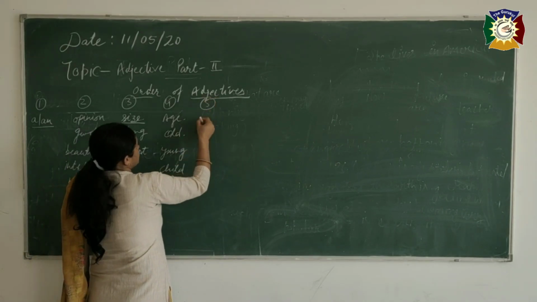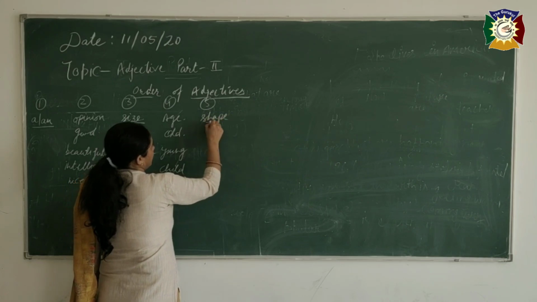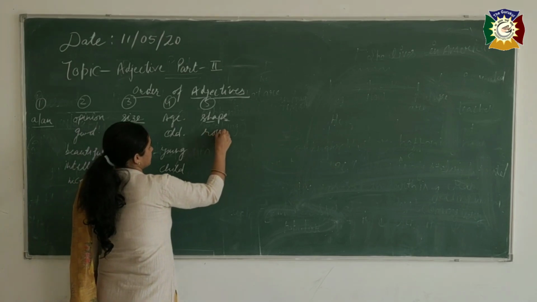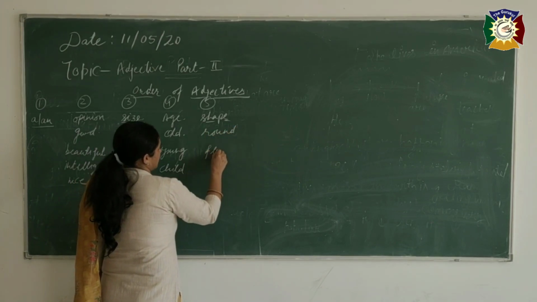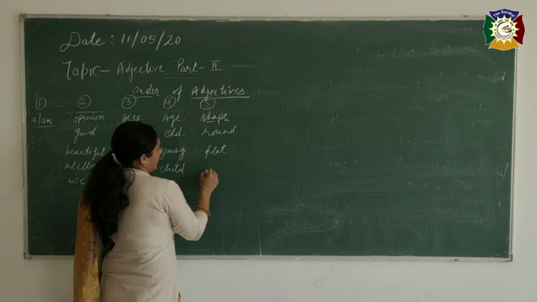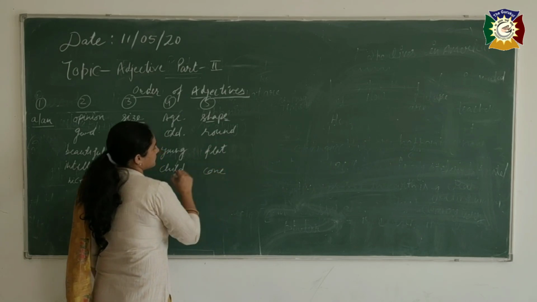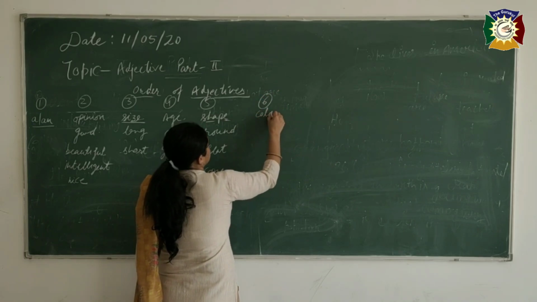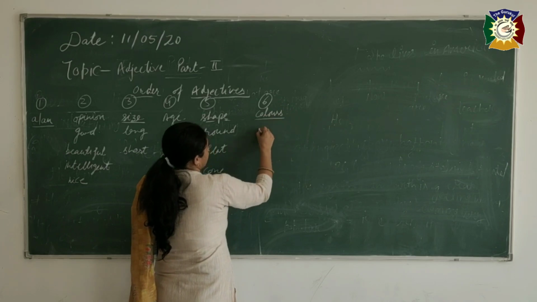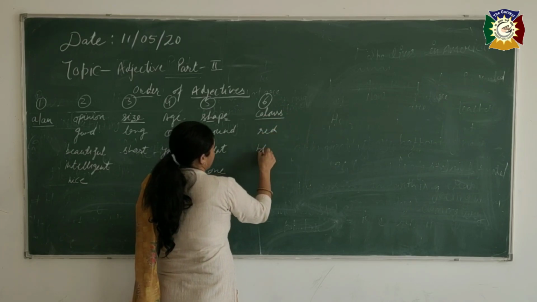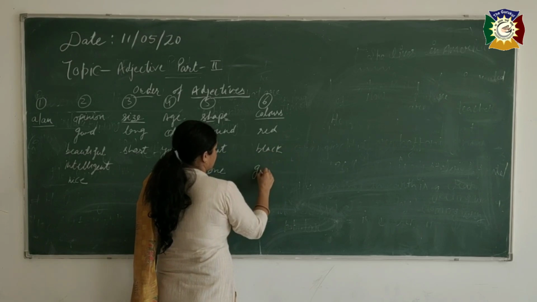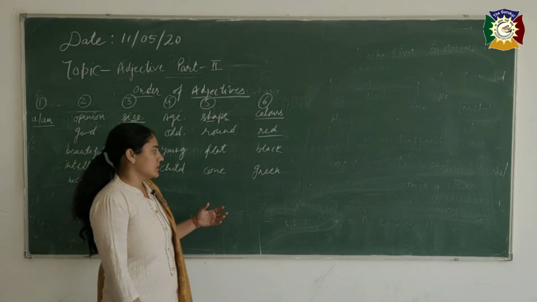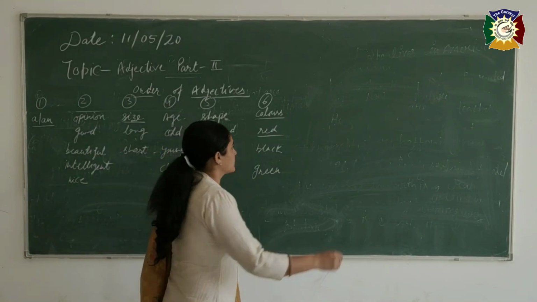Then shape of any article, you can say round shape, circular shape, cone: round, flat and cone. Next is color: red, black, green. Means it is a red car, it is a black coat, it is a green gift.